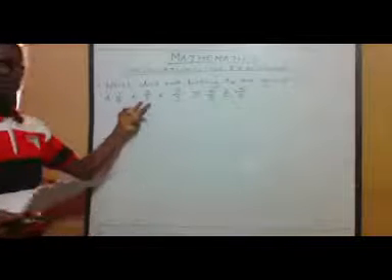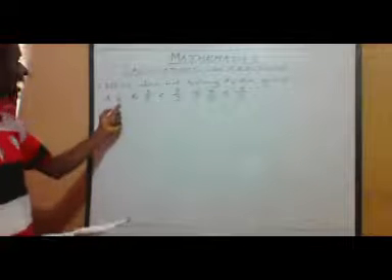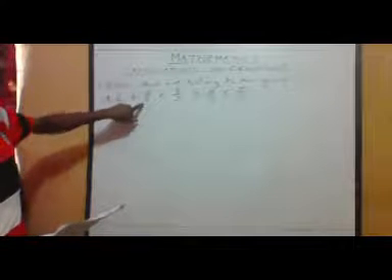Look at this question now. We want to know the one that does not belong to the group. 1/4 is a proper fraction because the numerator is less than the denominator. 3/8 is a proper fraction because 3 is less than 8.